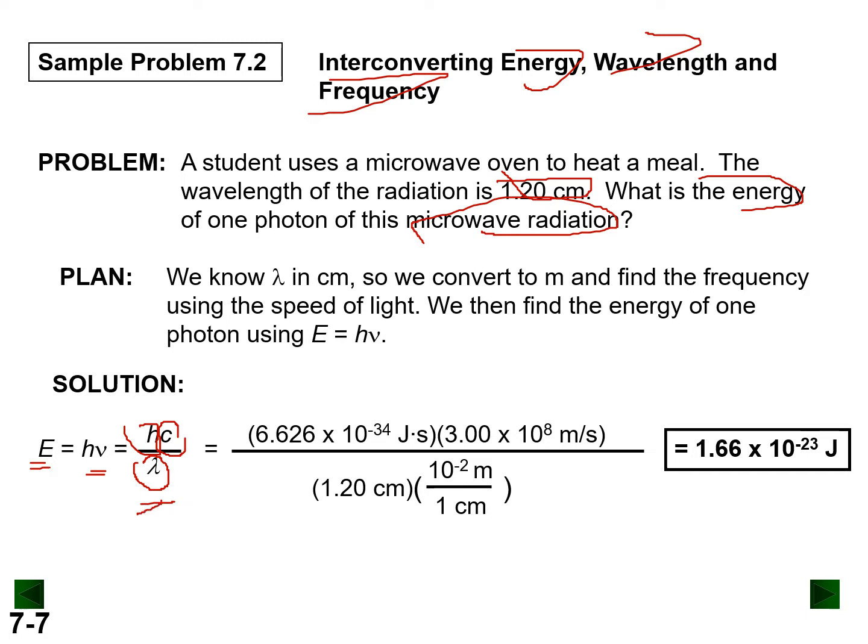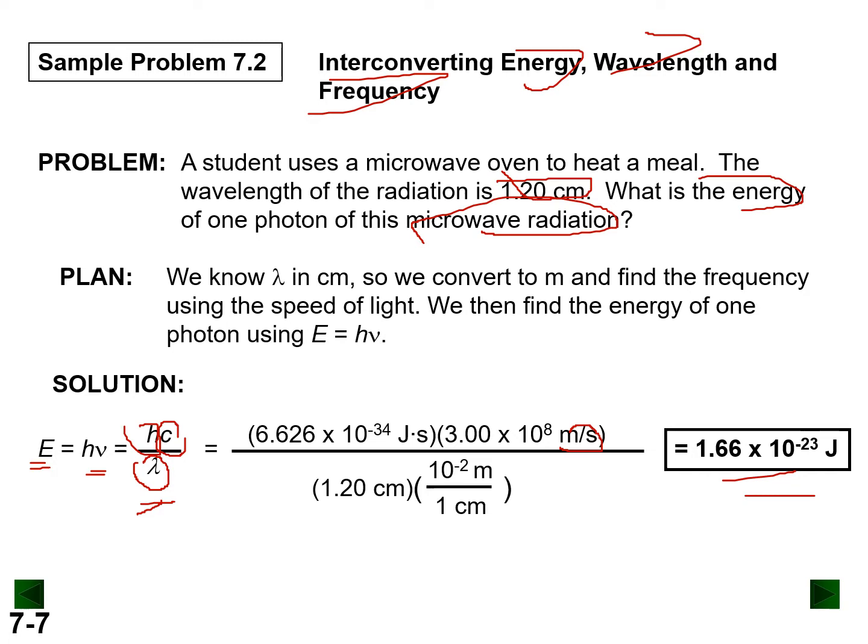But please make sure we convert the unit of cm into meters, so that it is the same as the unit of the speed of light, meters per second. Then we solve these equations, and we get the value of energy for one photon of microwave radiation.